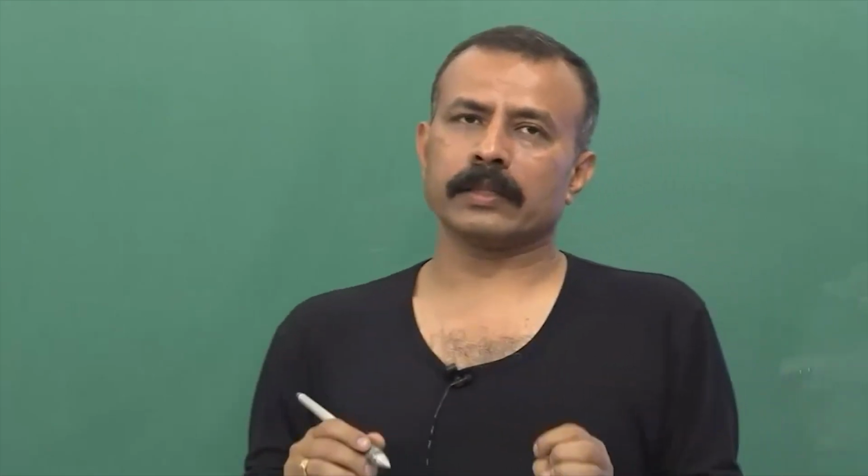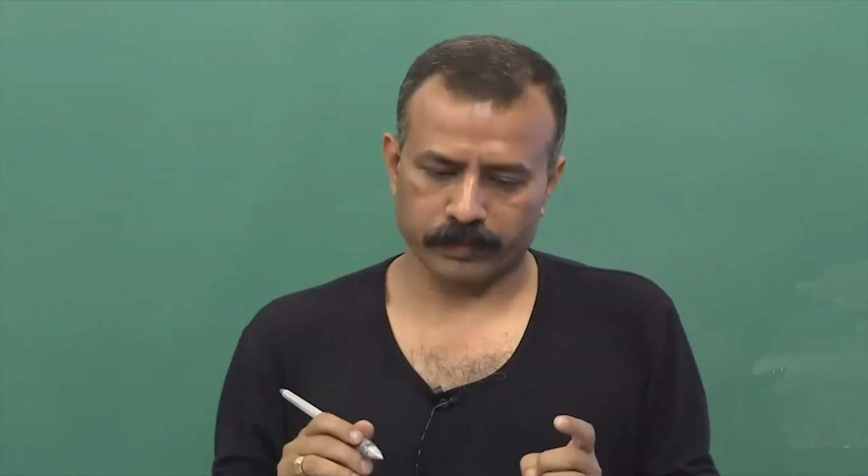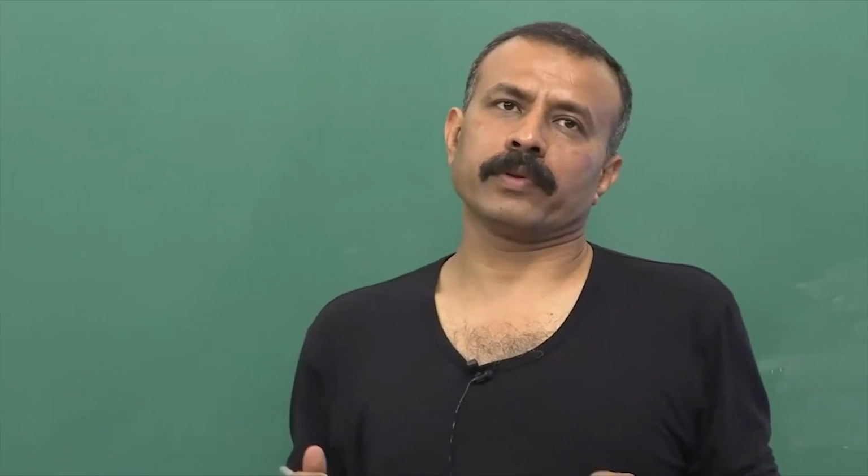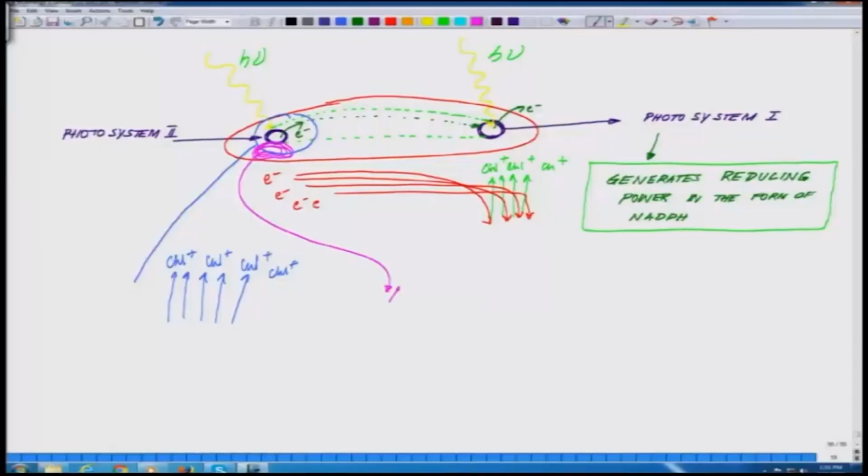Just underneath photosystem 2, now I am just highlighting that zone. See, I am highlighting a zone, you see there. This is where there is a nano or atomic machine sitting there, which is called manganese cluster.